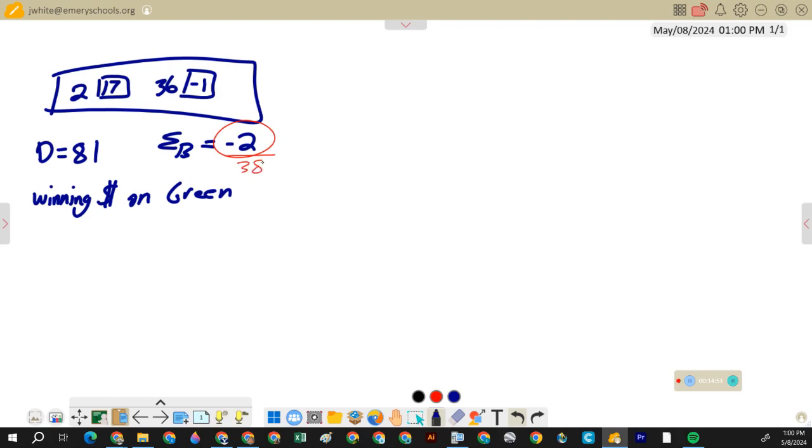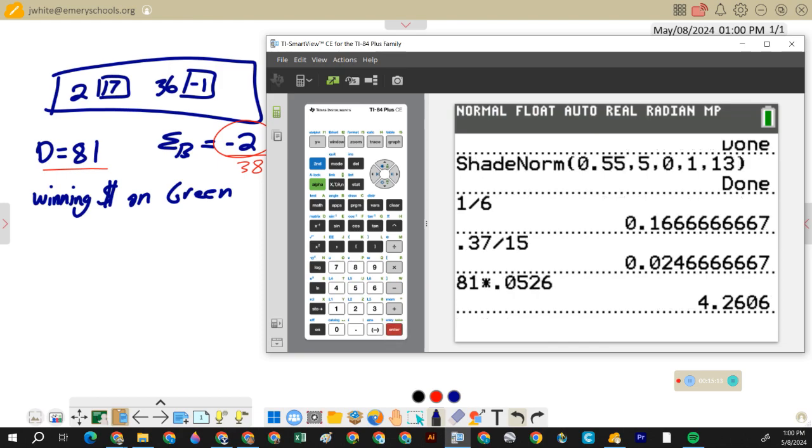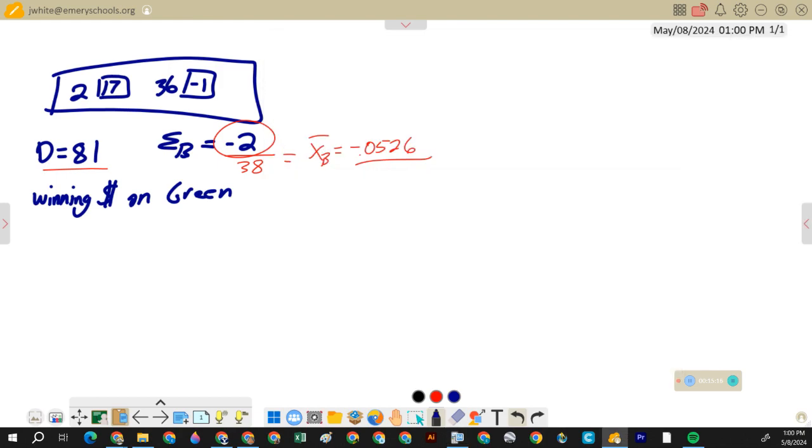So we divide that by 38, and I get the average of the box is negative 0.0526. Okay, so if we play 81 times, 81 times this is negative $4.26.